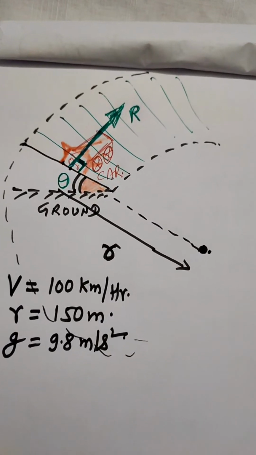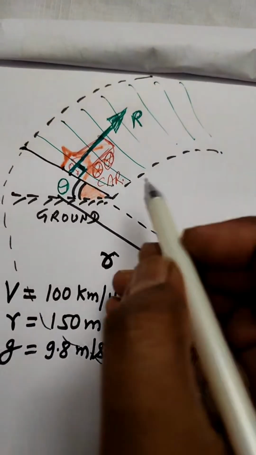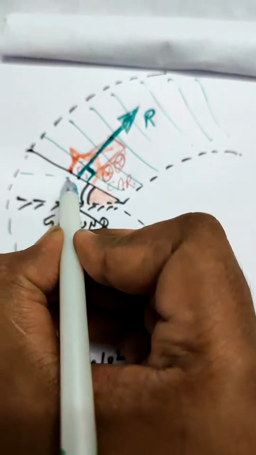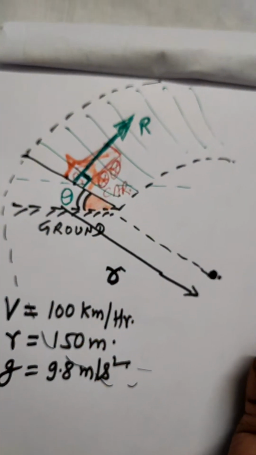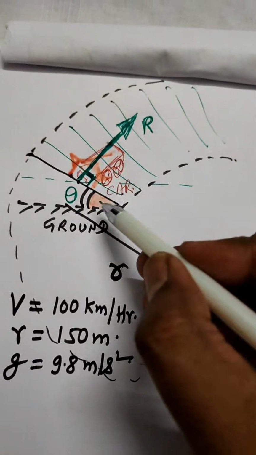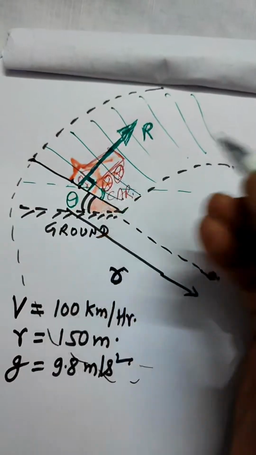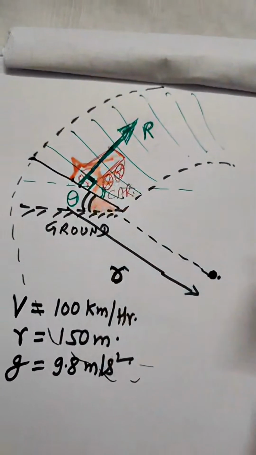So if this is the normal reaction, and if this is theta, then let us draw a line parallel to the ground. Then you can see this angle theta will be equal to this angle theta. That means both these angles are equal.